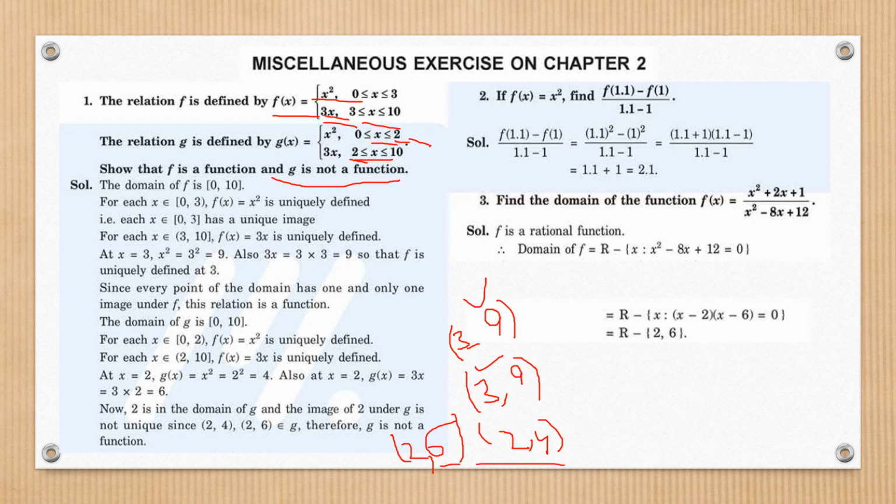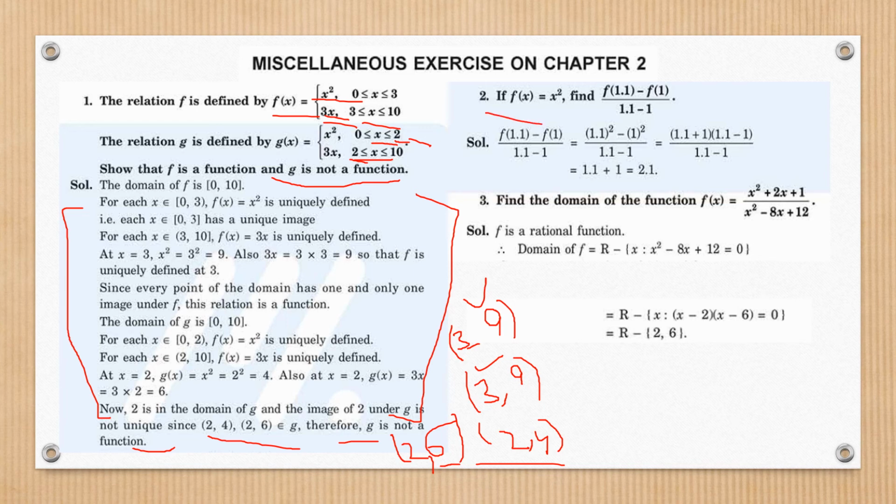You can see that these two ordered pairs have different second elements, but the first element is the same. So it is not allowed. Therefore, g is not a function, whereas f is a function. This is all the discussion done to find the conditions that f behaves as a function and g is not a function.